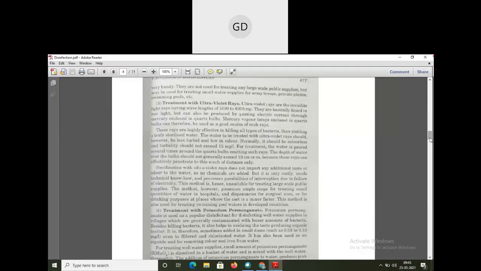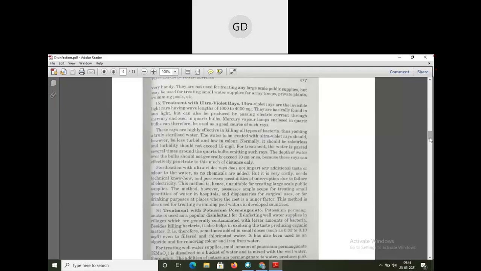These rays are basically found from the sunlight, and they are passed by electric current. You have quartz bulbs with mercury present in them, and you pass the light through these quartz bulbs. This mercury vapor lamp is said to be a good source of the rays.